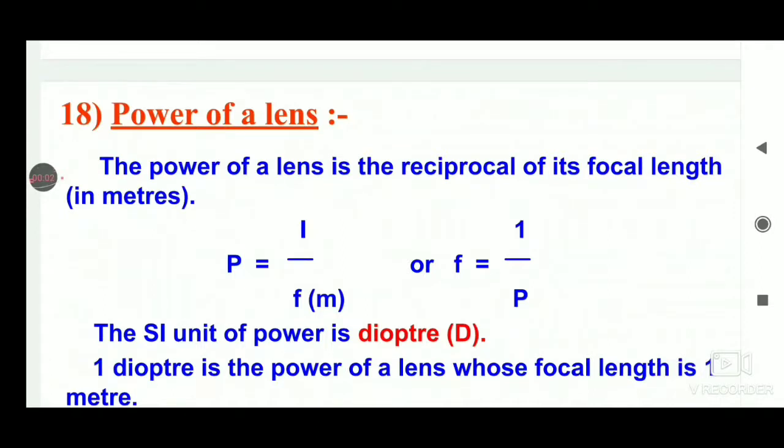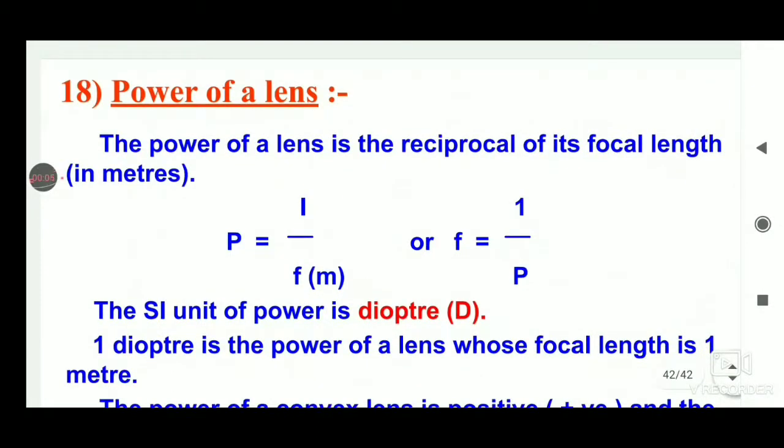The last topic of the chapter is power of a lens.